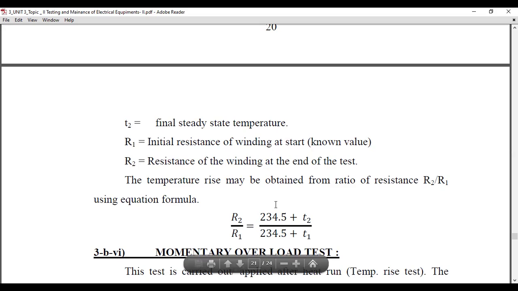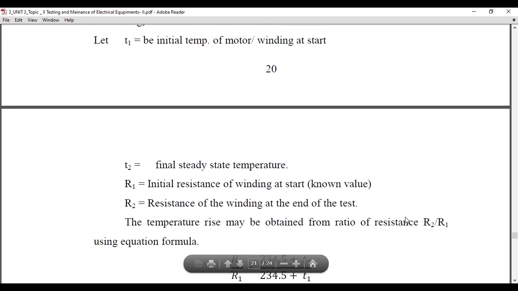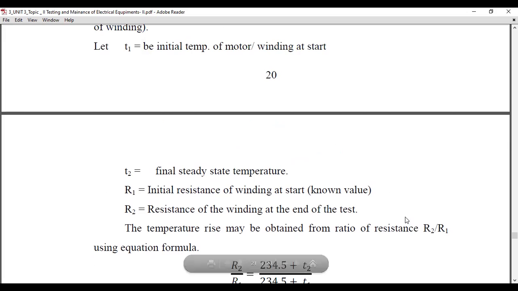This is a very important formula regarding resistance and temperature relations. Please remember that R2 over R1 is directly proportional to 234.5 plus T2 over 234.5 plus T1. This is very, very important. Here we need to note down the initial temperature and final temperature, initial resistance and final resistance. We have performed these types of tests on a transformer too.